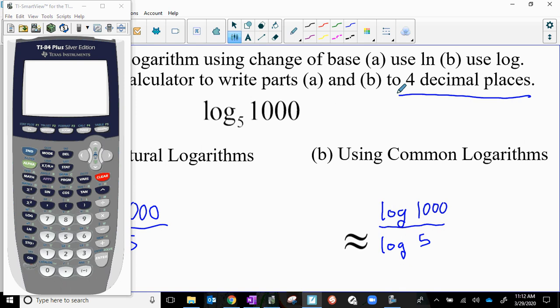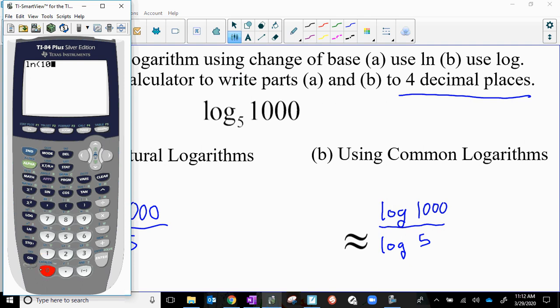All right. So we're asked to find the log base 5 of 1,000. Now, I have the natural log right here as one button, or the common log right above it. So I don't have that button just nice and easy and available. So I'm going to have to evaluate this using change of base.